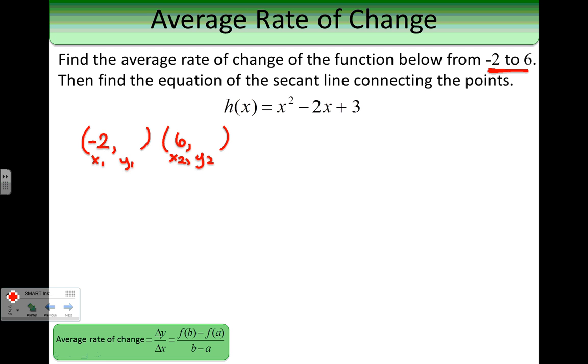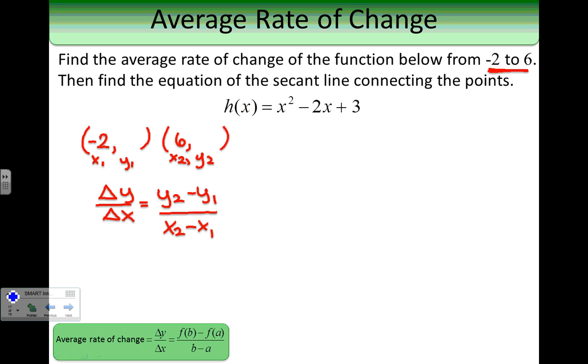So then, if we're finding the average rate of change between them, we need to just find the slope of the line that goes between them. Remember, change in y over change in x, which is y2 minus y1 over x2 minus x1. So if we're given our x values, we need to find the y values.